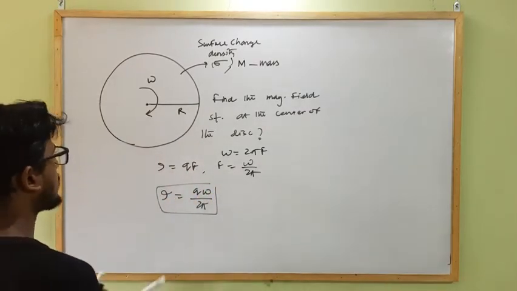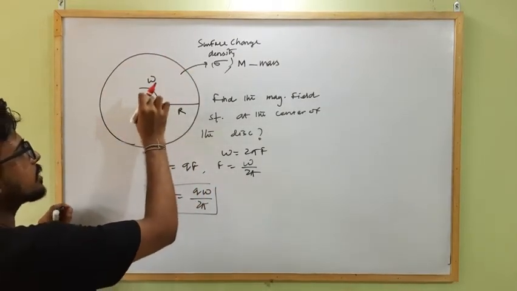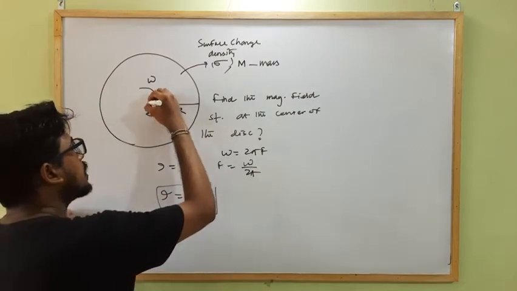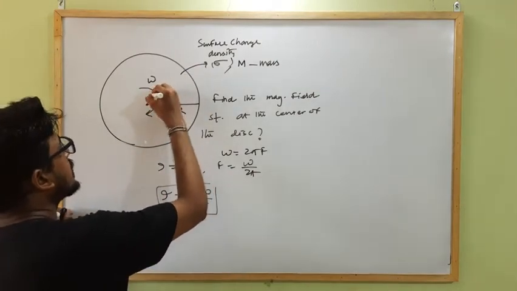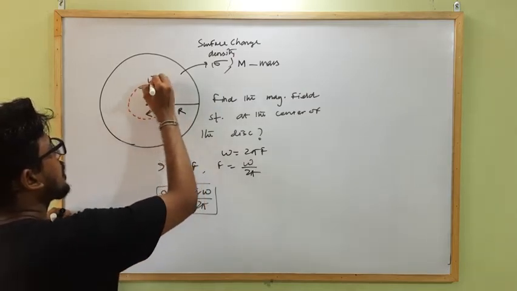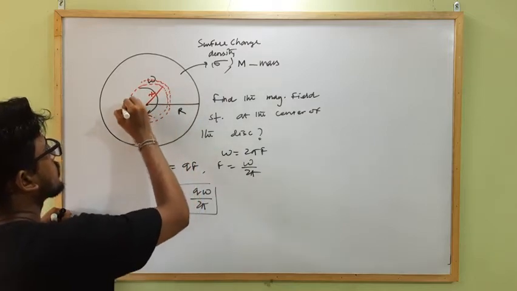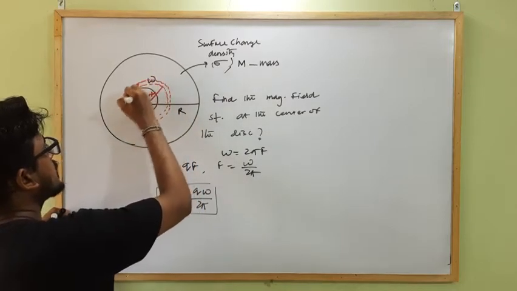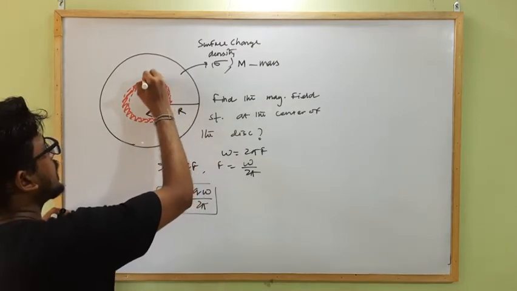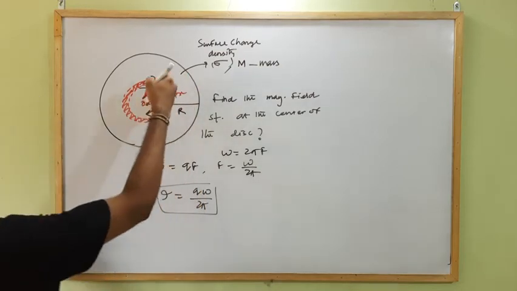In this situation, we have to consider this disc as a combination of very thin circular concentric rings. So I am considering a current carrying ring at a distance x of width dx. Due to this ring of width dx, I have to calculate the magnetic field strength at the center O. This width is dx and radius is x.